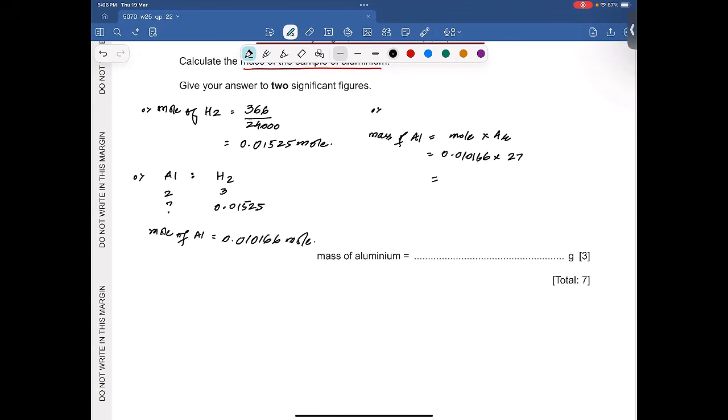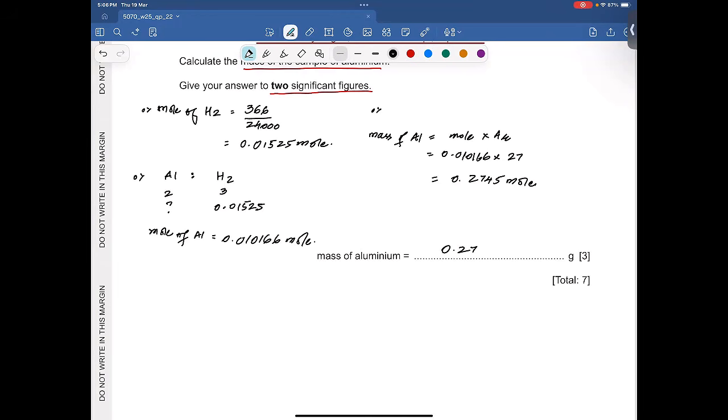So mass of aluminum is 0.2745 grams. All right. The examiner is looking for a 2 significant figures answer. So basically it's 0.27 gram. Okay. So that's the end of the third question.